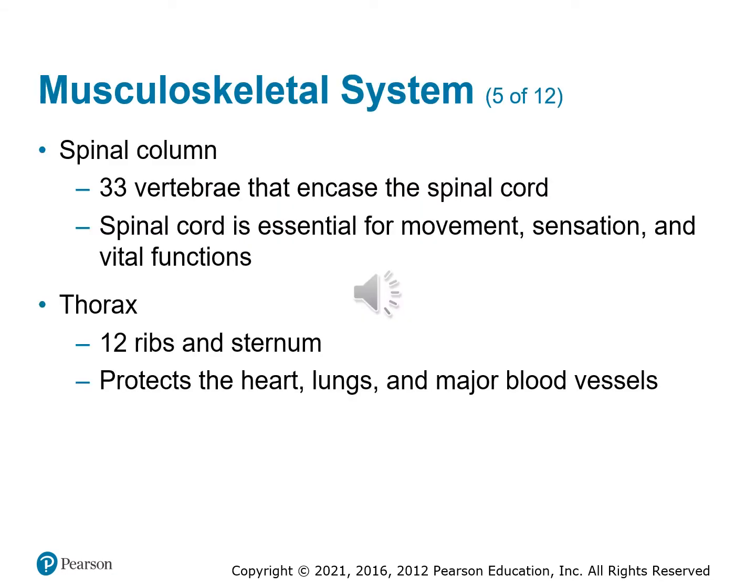So again, thinking about the structure that the bones help to maintain for our bodies, we move down to the spinal column. The spinal column is made up of 33 vertebrae, and these help to protect or encase the spinal cord. The spinal cord is really important because it is where all the nerves come off to help us with movement, sensation, and vital functions.